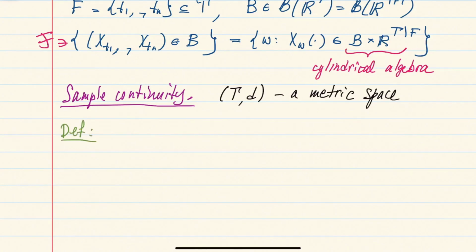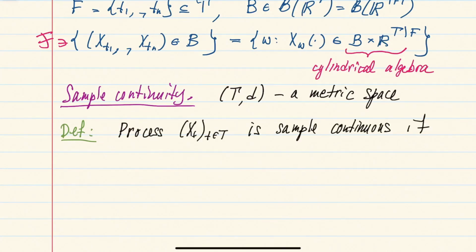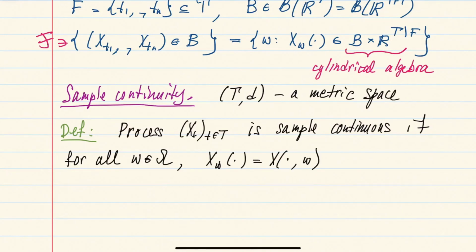So the definition is as follows: we call a process X_t sample continuous if for all omega in our probability space, this function as a function of t, or if you wish, you can denote it X(., omega), is a continuous function on this space. So that's the definition of a sample continuous process.